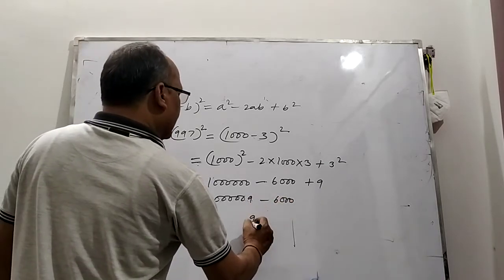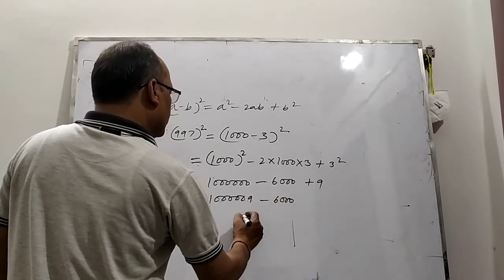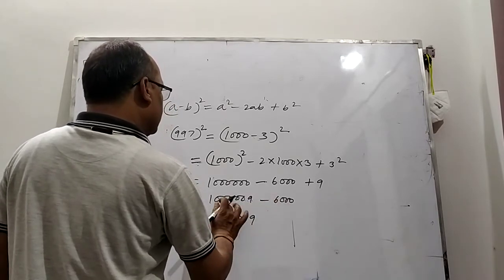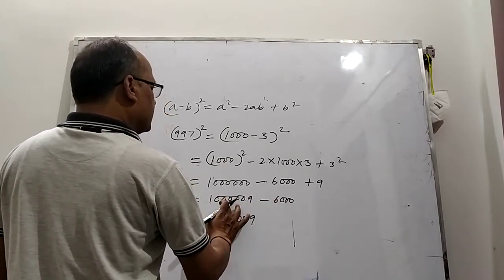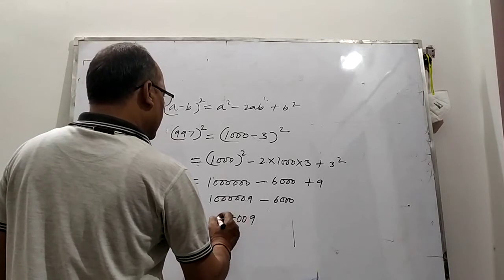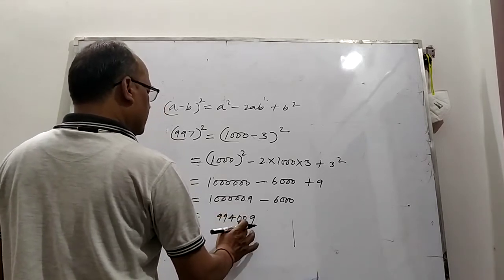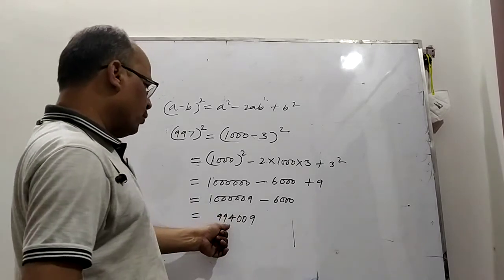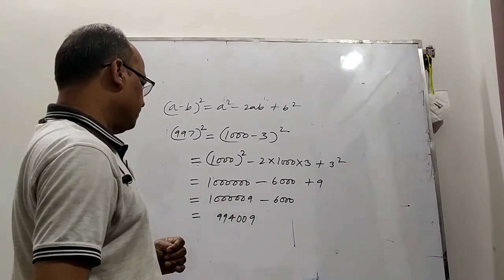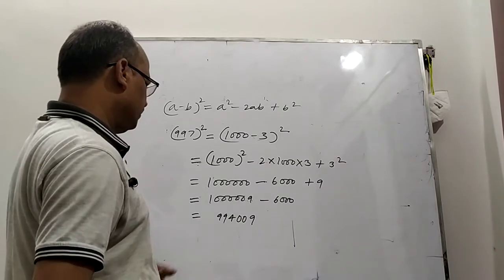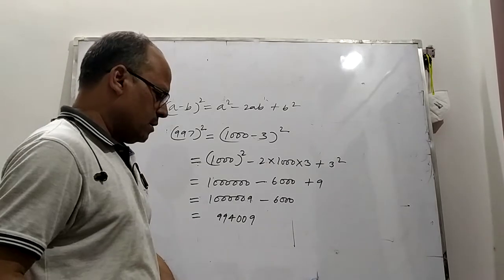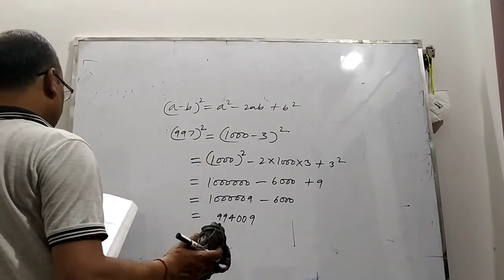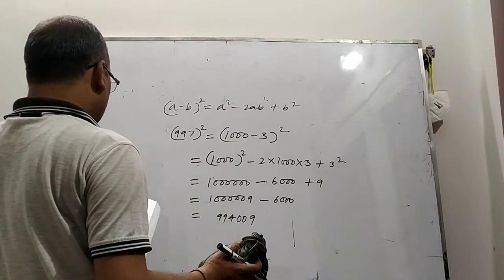This will be 9, then 0, 0, then 10 minus 6 is 4, then 9, 9. So 994,009. Okay. So in this way you can solve other questions.